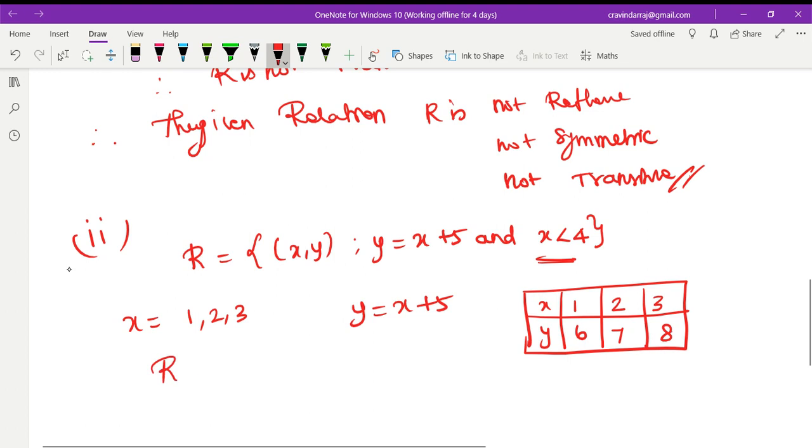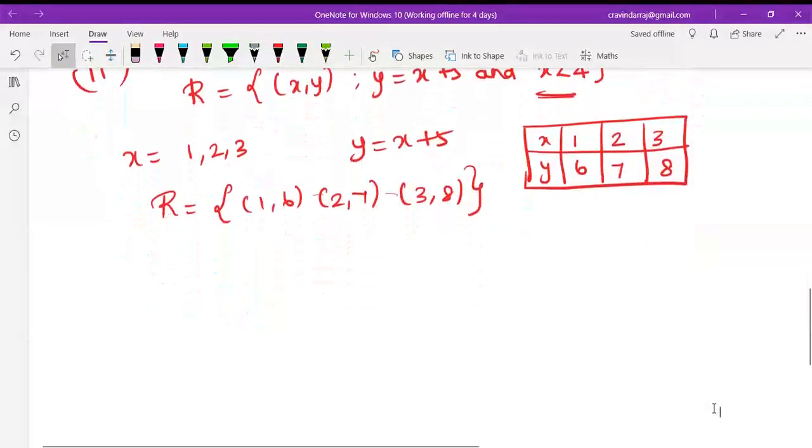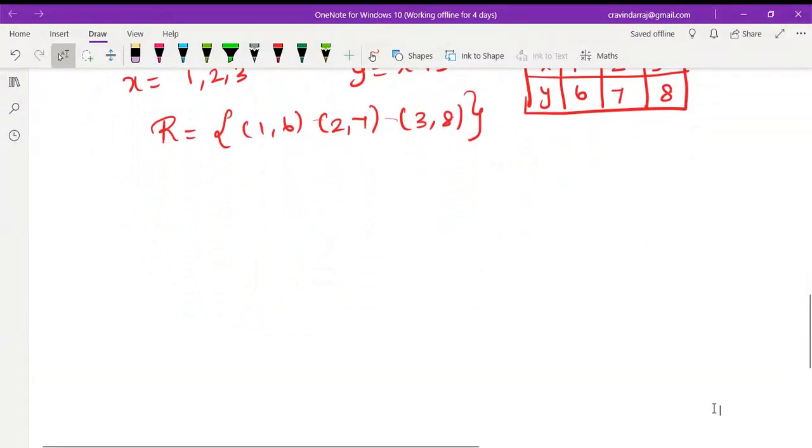So the relation is the set of pairs (1, 6), (2, 7), (3, 8). First we check reflexive. The pairs (1, 1), (2, 2), (3, 3) are not here, so directly we can say this is not reflexive.